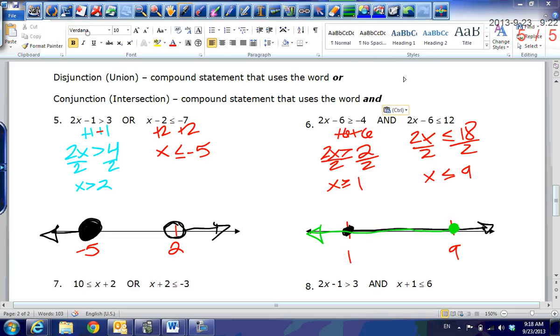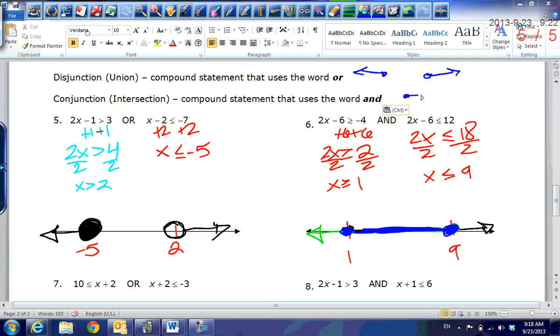So, what numbers satisfy both of these? Everything between 1 and 9. So I'm going to go back over between 1 and 9 again. Those are my answers. So everything including 1 to 9. My ors always look like this, or something along those lines.